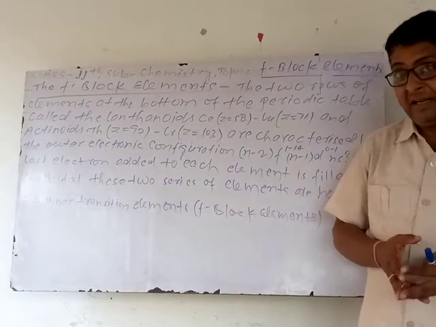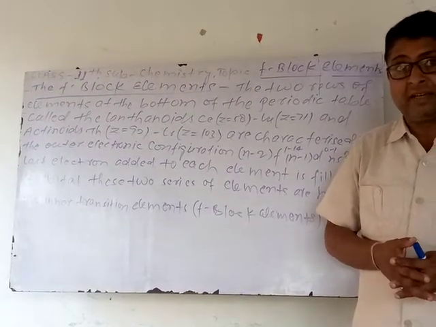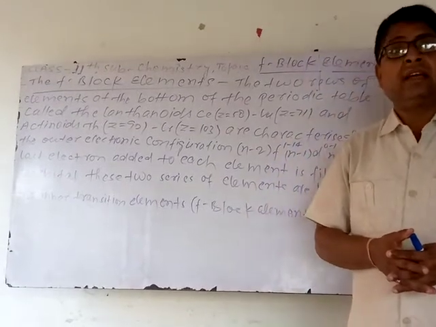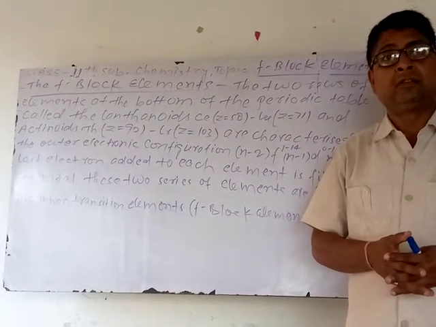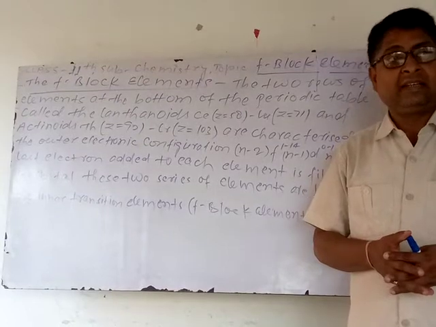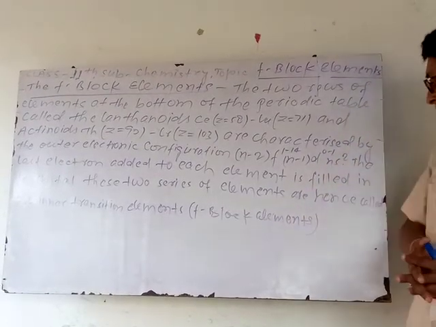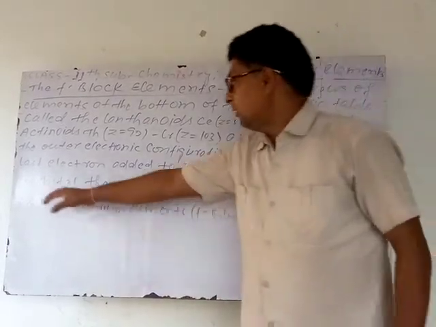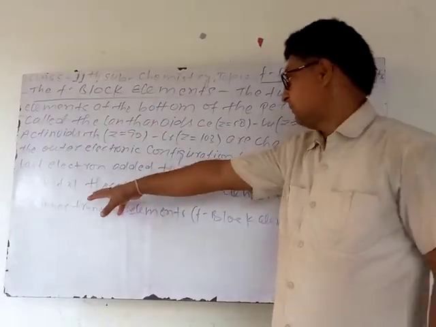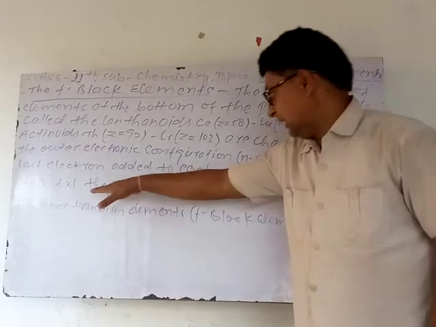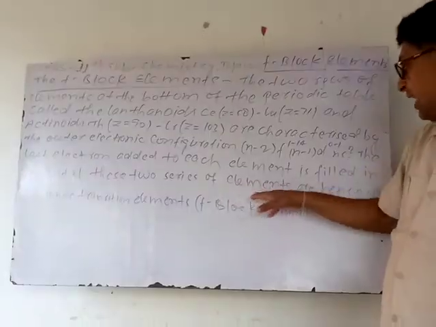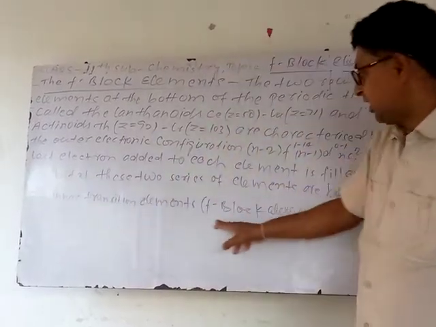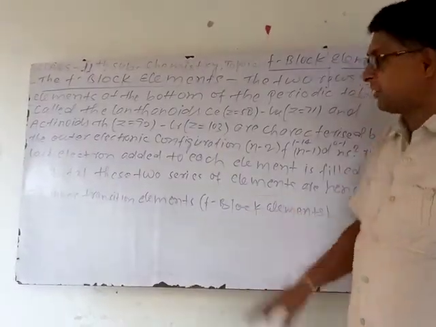More precisely, (n-2)f1 to 14 (n-1)d0 to 1 and ns0 to 2. These two series of elements are hence called the inner transition elements or f block elements.